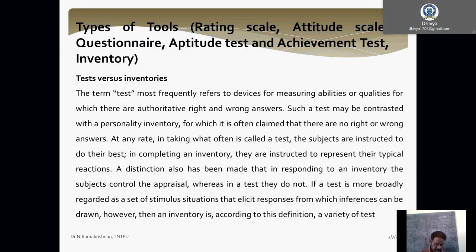See, a test is determining whether an answer is right or wrong, but an inventory is not determining right or wrong. What you tend to behave like, what is your quality, what you like, what you dislike, that kind of thing is brought out through this inventory. That is the distinction between test and inventory.